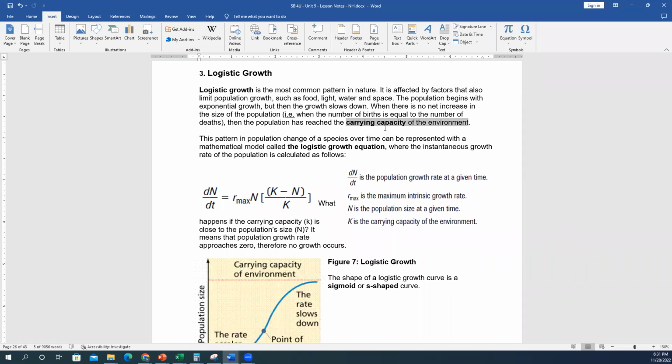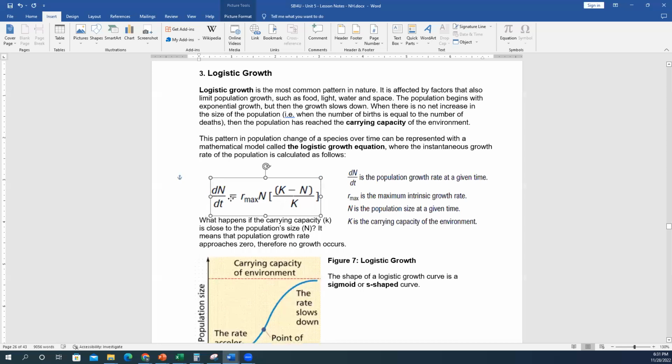So this pattern of population change, this logistic type of growth, is represented with a mathematical model and an equation called the logistic growth equation, where the instantaneous growth rate of the population can be calculated as follows.